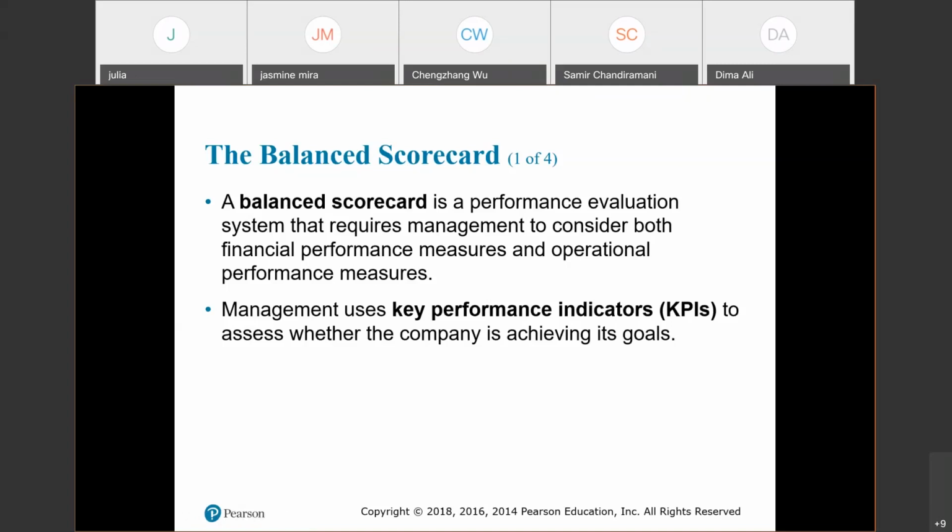Well, these measures should be linked with the company's goals and the company's strategy for achieving these goals. Keeping score of operating measures and the traditional financial measures gives management a balanced view of the organization, because management needs to consider other critical factors such as customer satisfaction, operational efficiency, and employee excellence.